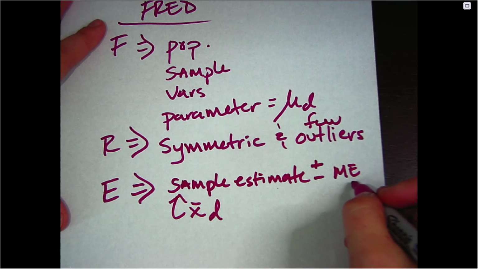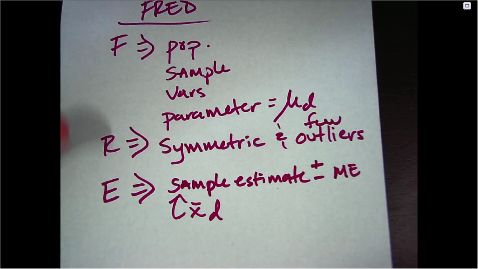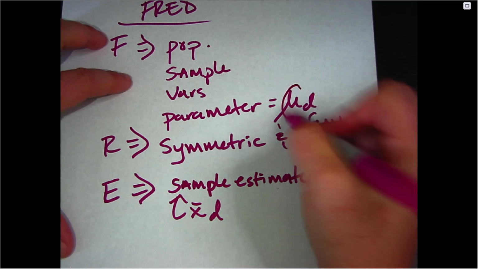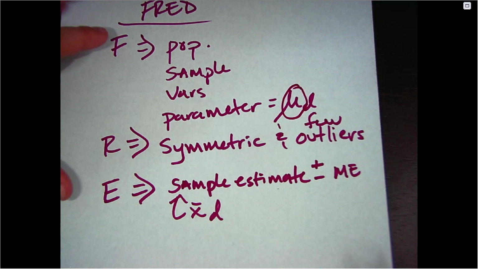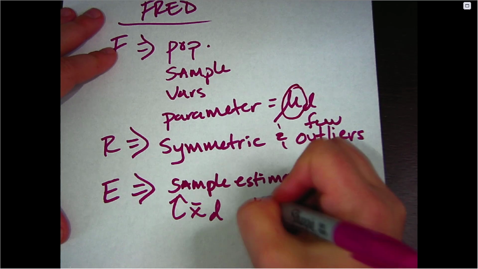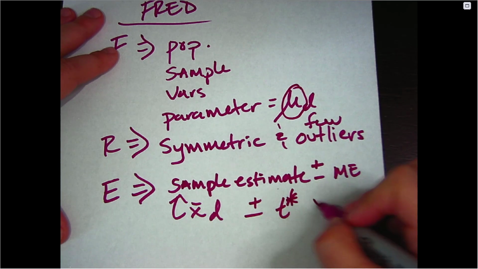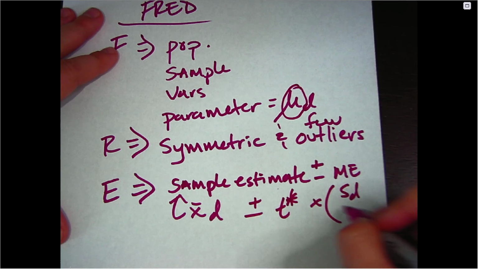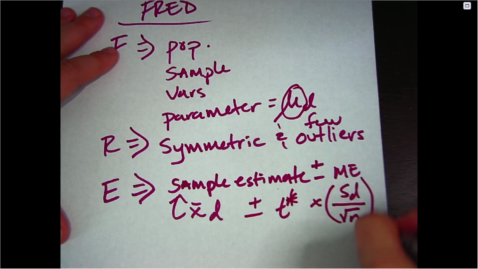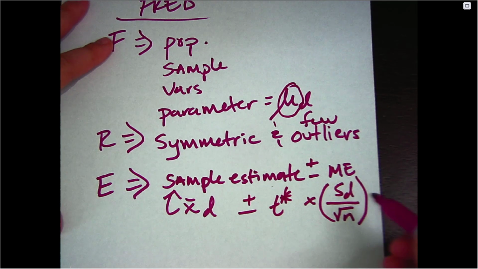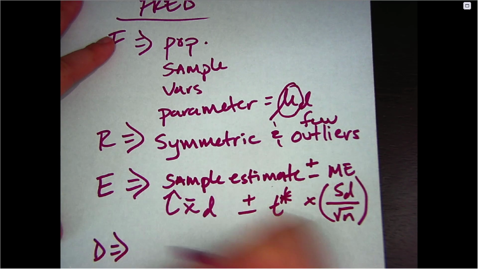And then our margin of error is going to be the same calculation that we used when we did a confidence interval for just plain mu, but now remember it's in the context of differences. So we'll do plus or minus, and then it's still a t star times our standard error, which is similar to what we've had in the past. It's just, again, in the context of differences, so we add the subscript d. So that will be calculating our confidence interval and executing those calculations.